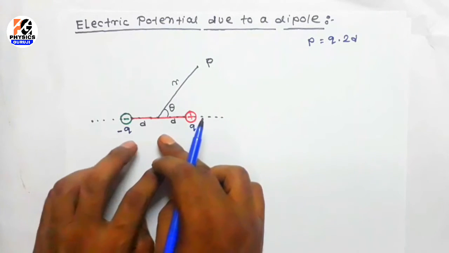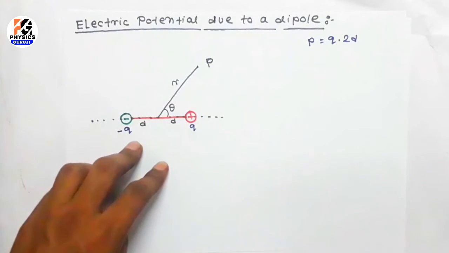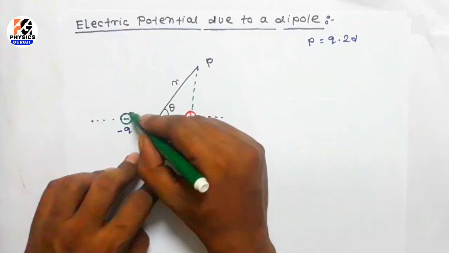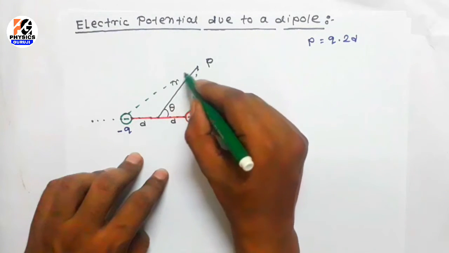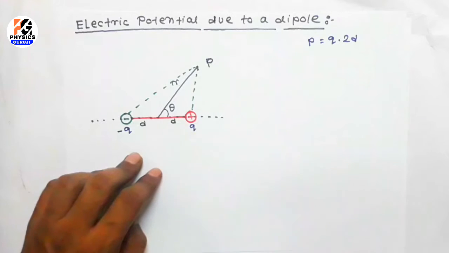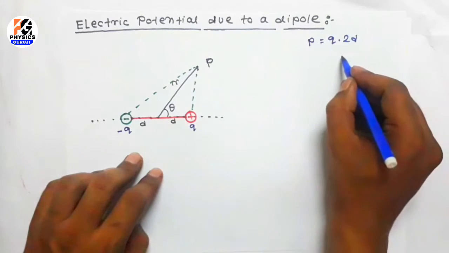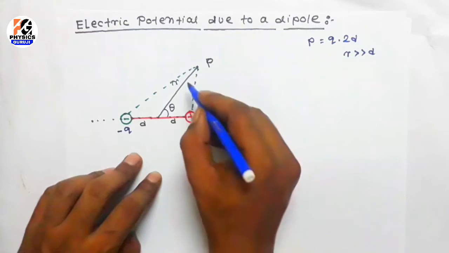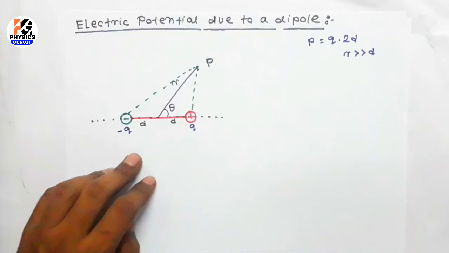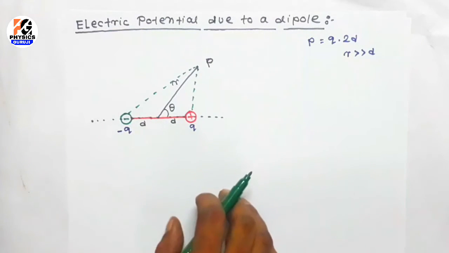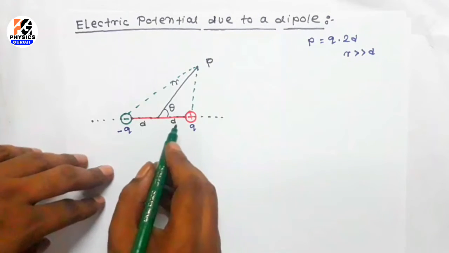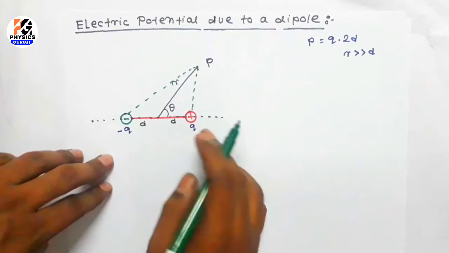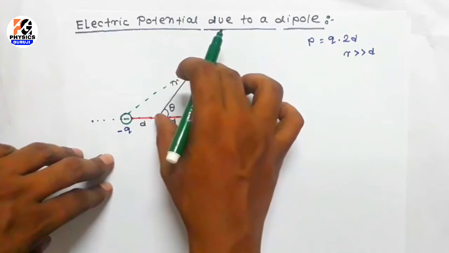To find the electric potential, we have to make some diagrams. Here is the distance from the positive charge and here is the distance from the negative charge. Now if we take that r is very much greater than d, in that case these two angles are very small. Let me draw another diagram: a triangle, which will be an isosceles triangle with r as the height of the triangle.